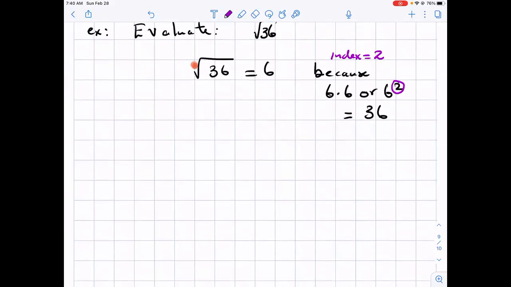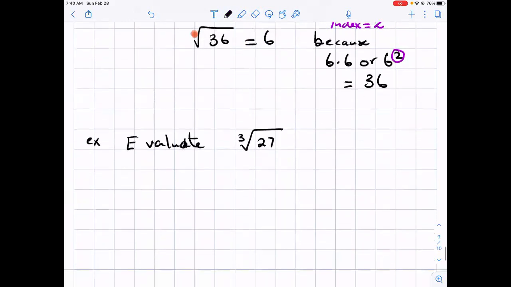If the index is 3, we have to cube it. So example, evaluate the cube root of 27. So the cube root of 27 is equal to 3.